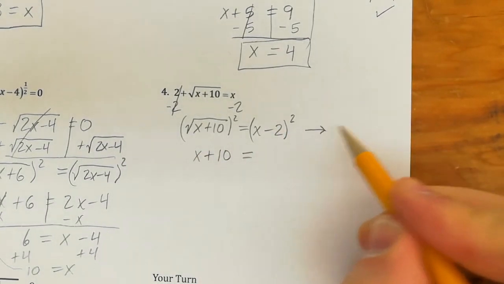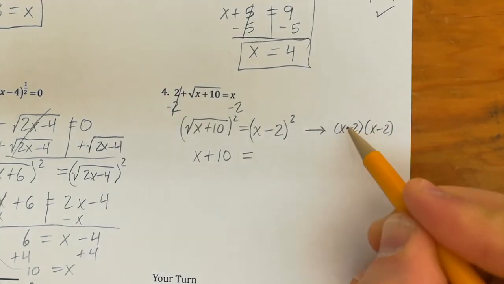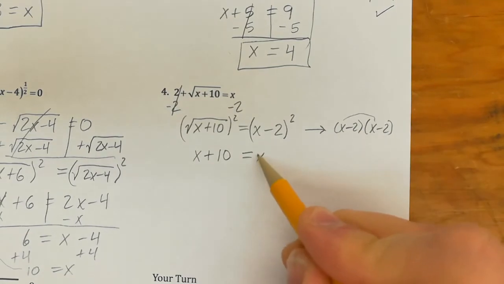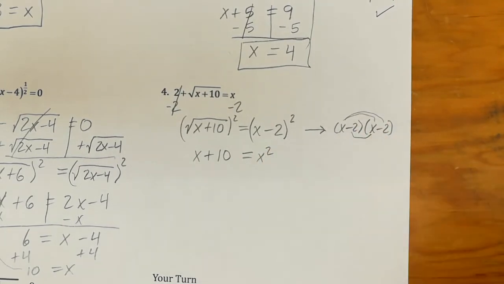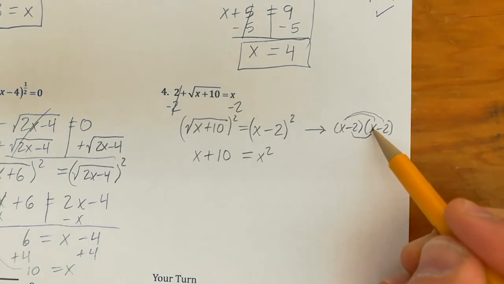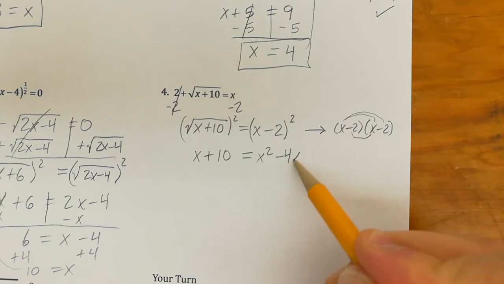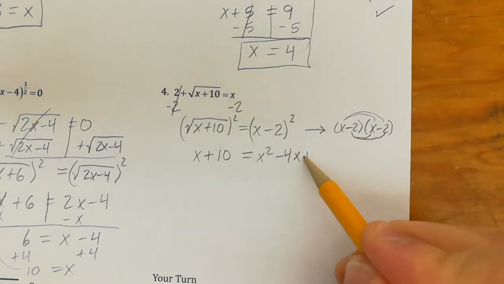out. If you recall, this is like x minus 2 times x minus 2, so you're going to have to FOIL this out, so you get x squared, and then negative 2x, and another negative 2x. I might just do those together. So we got negative 2x, and then another negative 2x. That's going to be a total of negative 4x, and then we have negative 2 times negative 2 is positive 4.